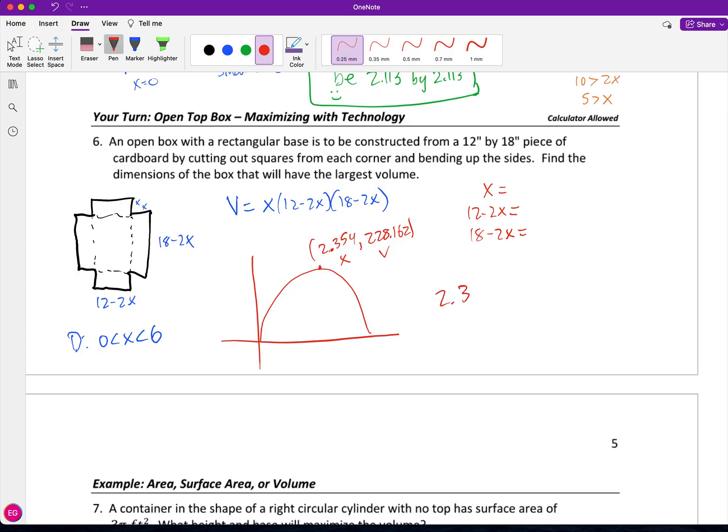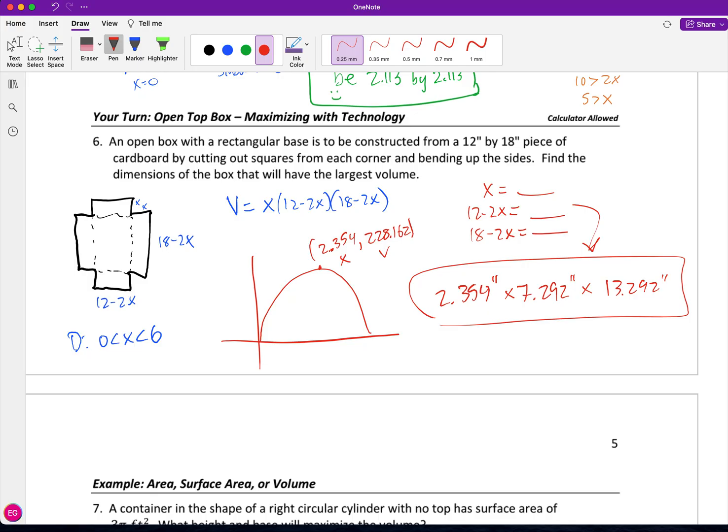So we got 2.354 inches by 7.292 inches by 13.292 inches, which again, I'm just getting from plugging these in using the x value that I found. All right. So I don't think that's too crazy. It's very similar to the first one. It's just that you have to be able to understand this picture and be able to write that volume equation. If you can do that, then you're set.